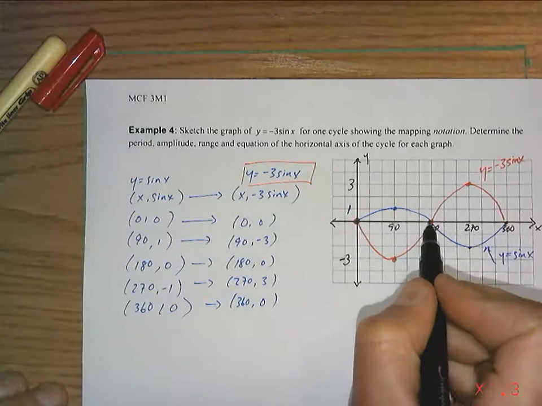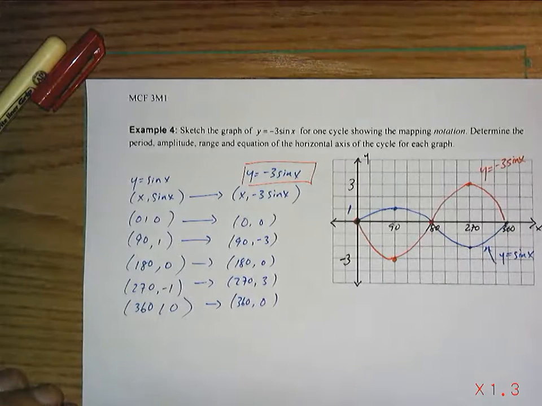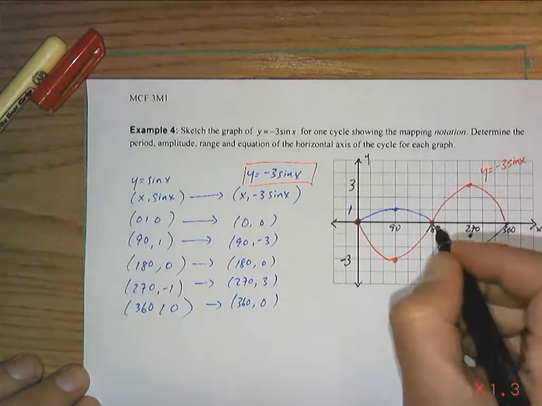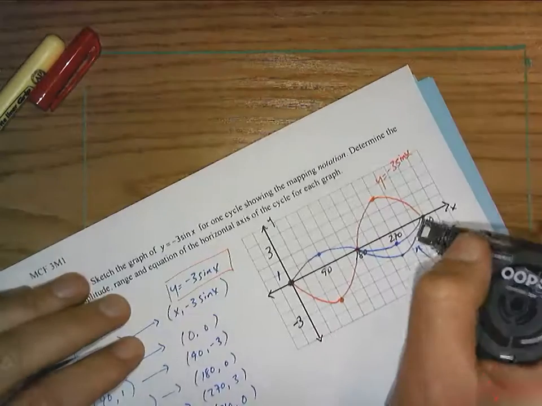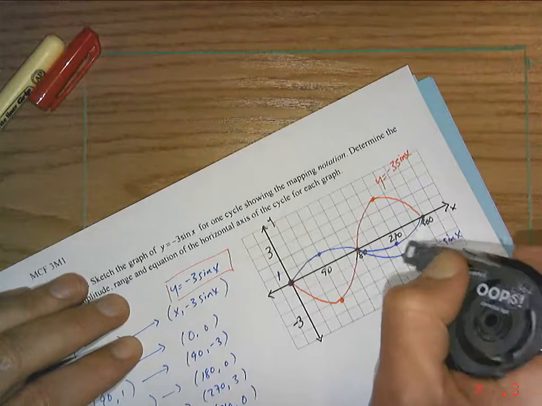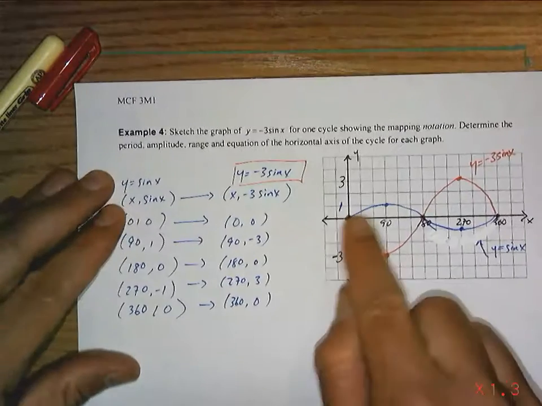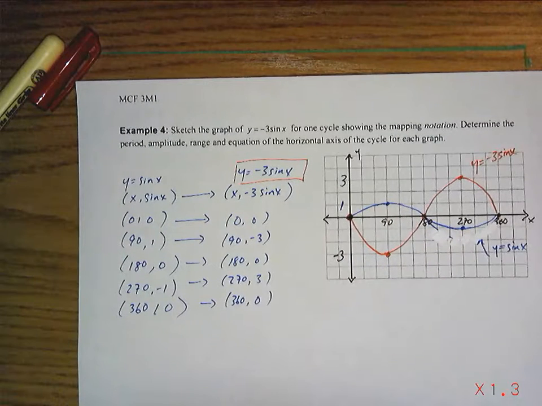Goes up to 1, down to 0, down to negative 1, back up to 0. There you go. Oh, whoa, whoa, whoa. Went back down too far. Thought that looked a little out. So, get rid of that. There we go. Up to 1, down to negative 1, back up to 0.